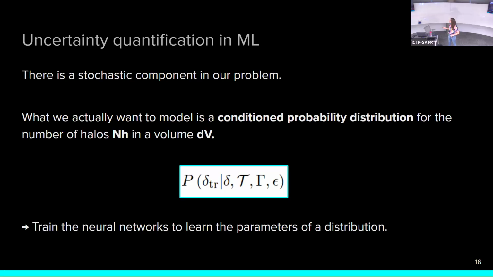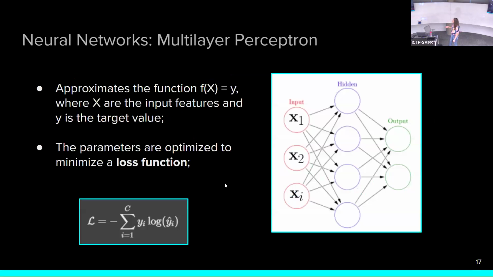So what I'm going to try to do now is to model this probability distribution with a machine learning model. Let me explain how it works. Let's start with, I think, the simplest neural network, the fully connected multilayer perceptron.